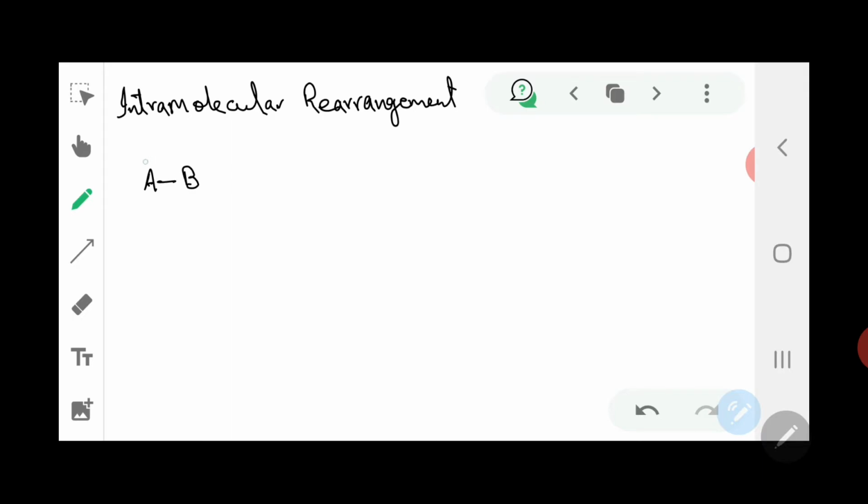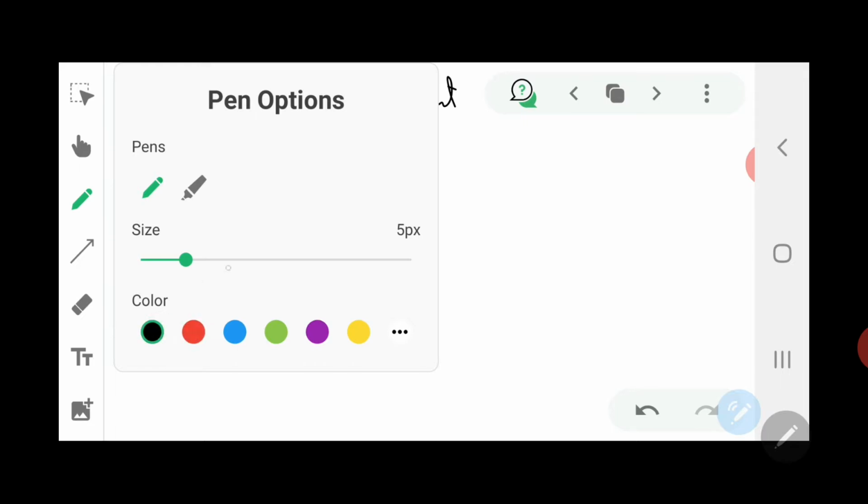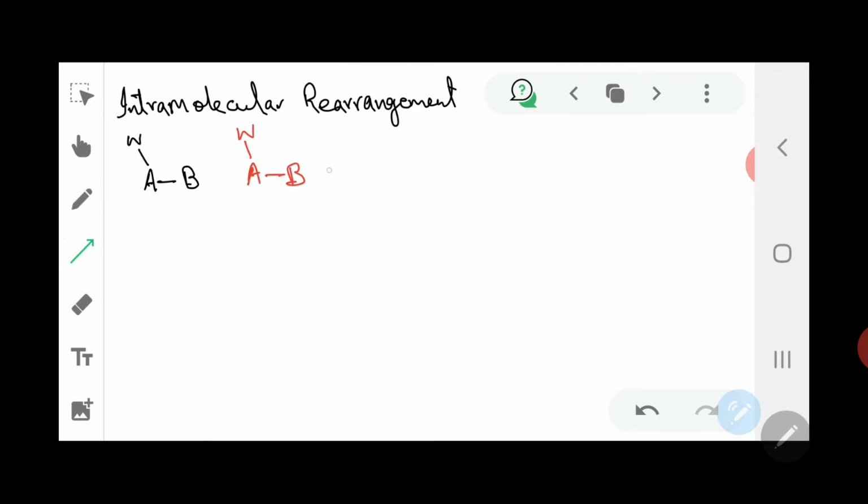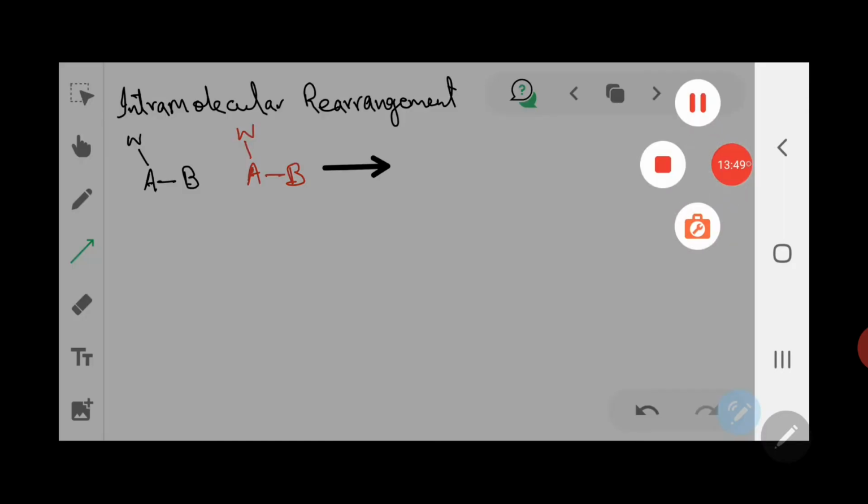We can also explain intermolecular rearrangement by using different colors. Basically, we use these two different colors just to elaborate intermolecular rearrangement.